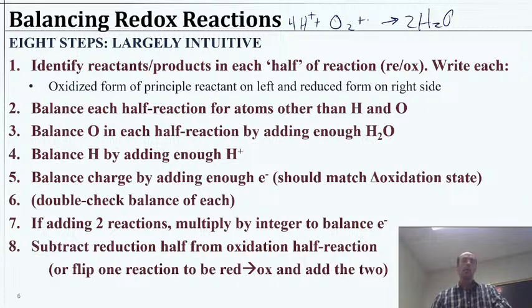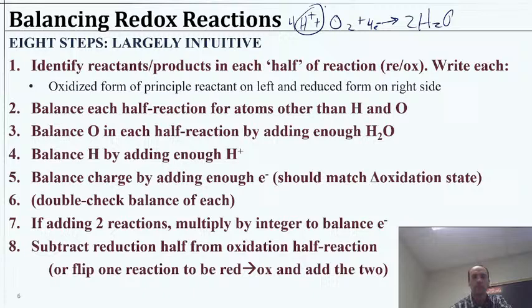We need how many electrons? And on which side? 4? Should be 4. On which side? 4 on the left side. That make sense? Yeah, we're just balancing the charge here, right? So I'm going to add 4 electrons here so that it counteracts the 4 plus right here.